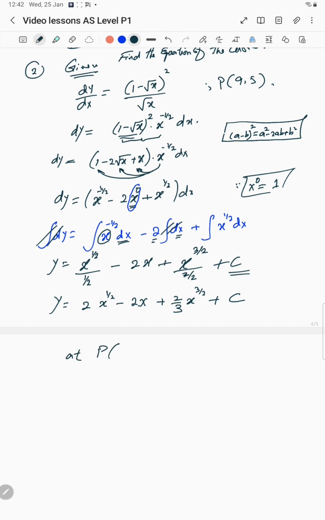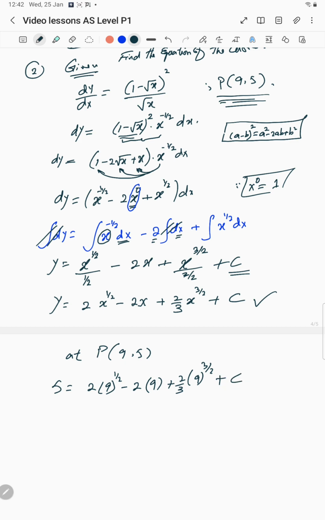At the given point P, that was 9 and 5 here in the question, you know, it was given in the question, it was 9 and 5. So do replace here y with 5: 2 times 9 power 1 by 2, minus 2 times 9, plus 2 by 3, 9 power 3 by 2, plus c. Finally, once you solve this on a calculator, you can get c becomes minus 1.